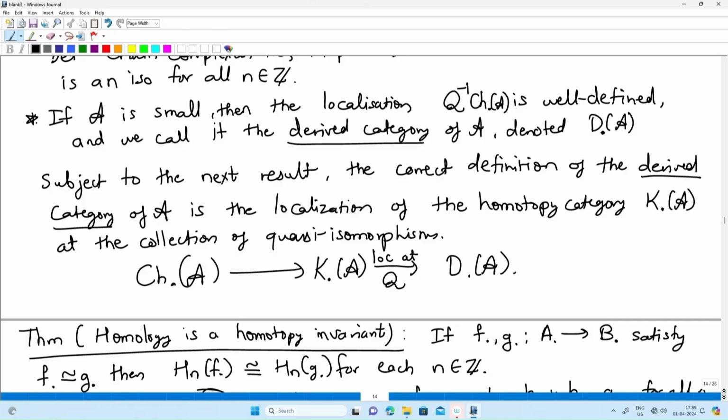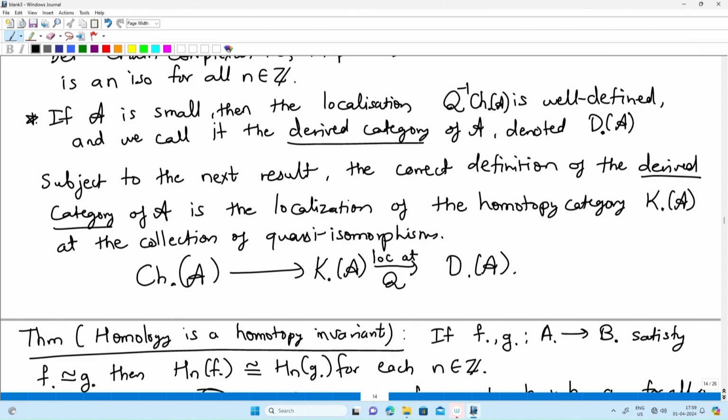You understand? Yes, I can repeat. Quasi-isomorphisms are the morphisms which induce isomorphisms between homology objects. Now, because homology is a homotopy invariant, even if I quotient out by chain homotopies, it really doesn't matter.